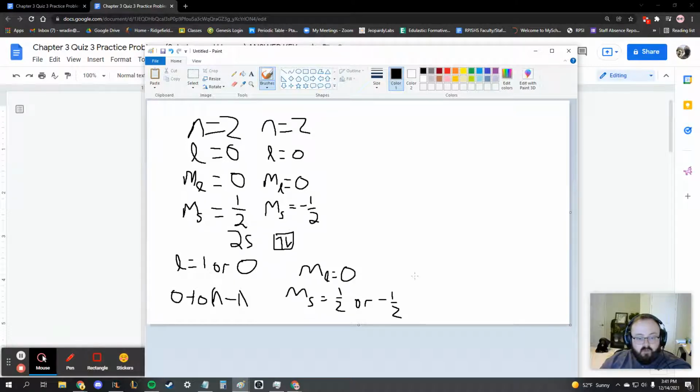Now, if L equals 1, then our m sub L can equal negative 1, 0, or positive 1.